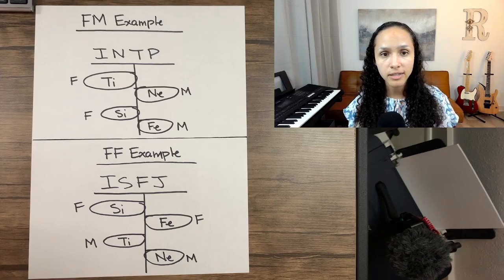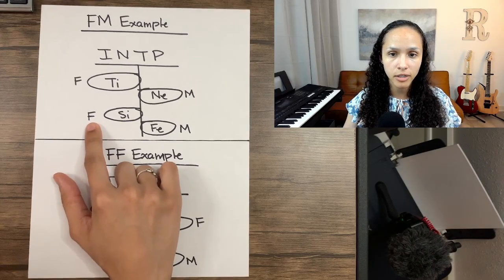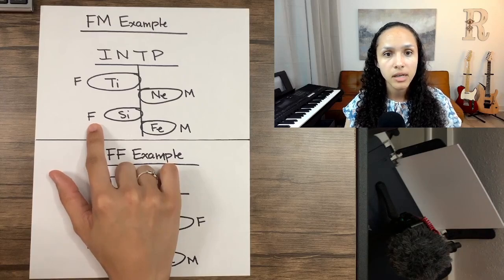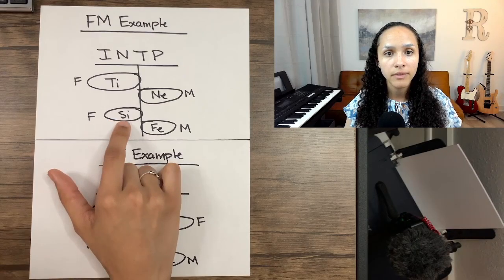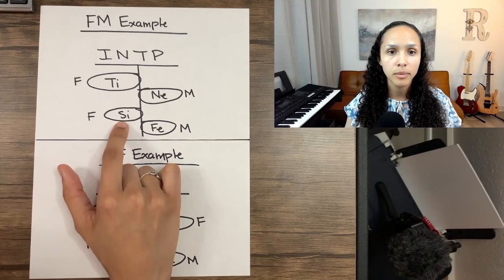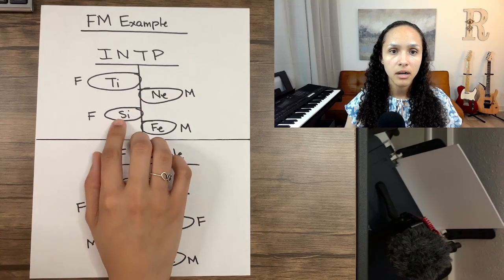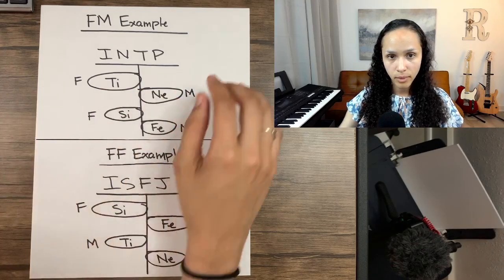So we've got our INTP, and for them we have feminine sensory, which is their third function here. And so they've got this process here, but it's not super solid. Their memory is more fuzzy, more visual in that sense. This is our visual type here, in the way that they remember things.